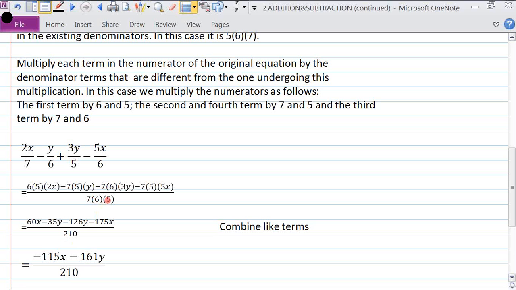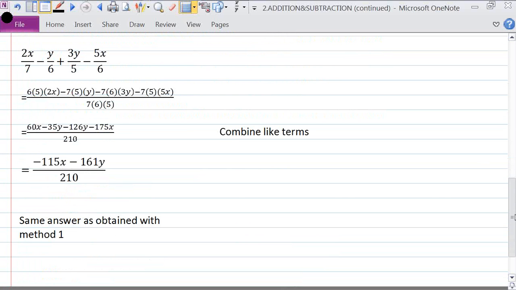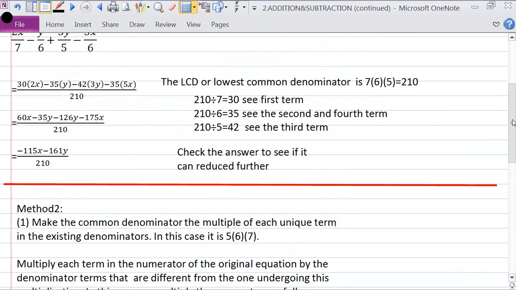The 7 times 6 times 5 gives me 210. And when I take the 60x and the minus 175x, it becomes minus 115x, minus 35y, and the minus 126y becomes minus 161y over 210. So this is the same answer as obtained with method 1, so you can do it either way.